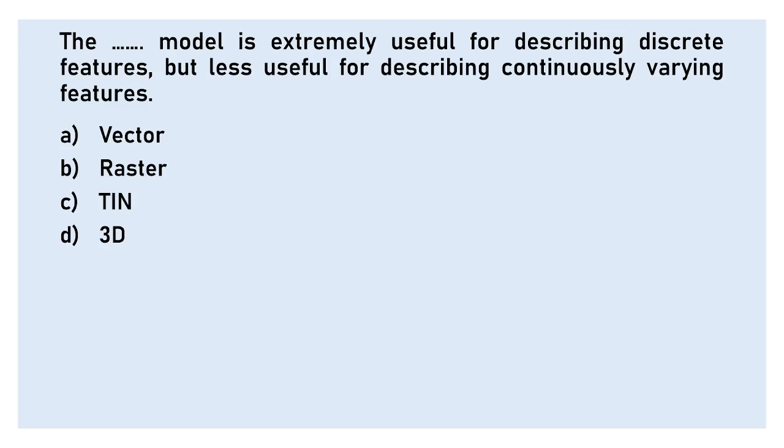For discrete features, we use this model, but in case of continuously varying features, it's not very useful. Yes, the answer is vector. You have to keep in mind that we are not discussing continuous space, rather the continuously varying features. That confusion can be there, that's why I just put it out there.